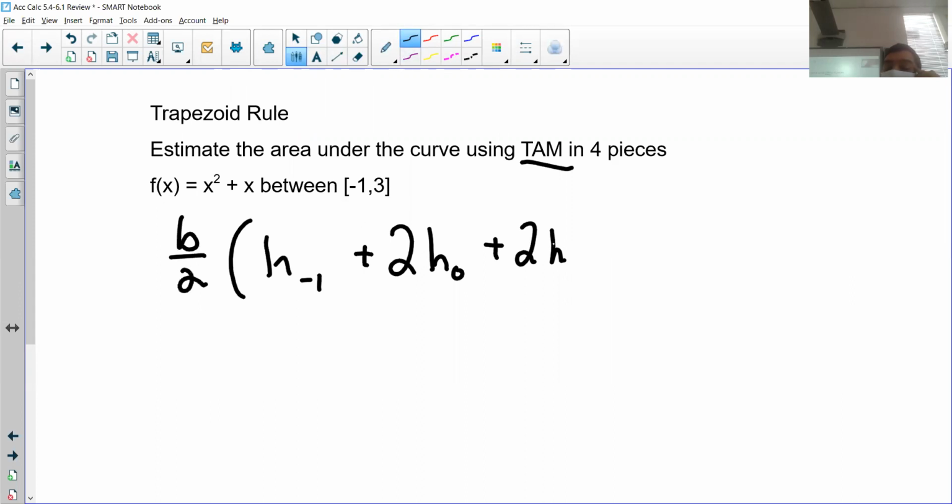Again, over here, height at 1, 2 times height at 2, and you get to your final height, which is just a single one, so height of 3. You can also write it as f of x of 1, f of x of 2, f of x of 3. If you do anything else outside this setting, you'll see it like that too.